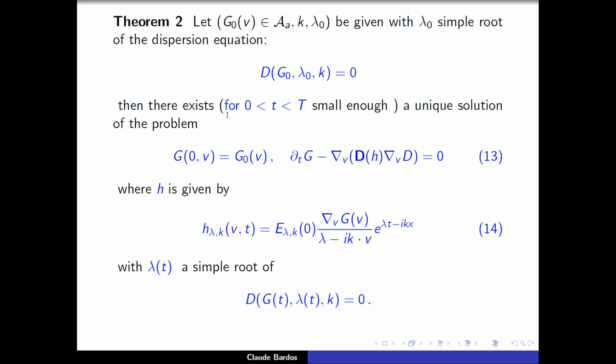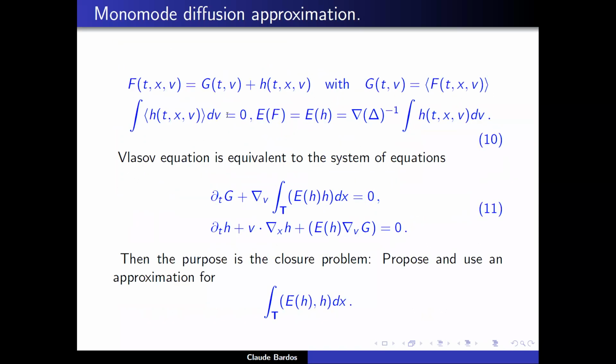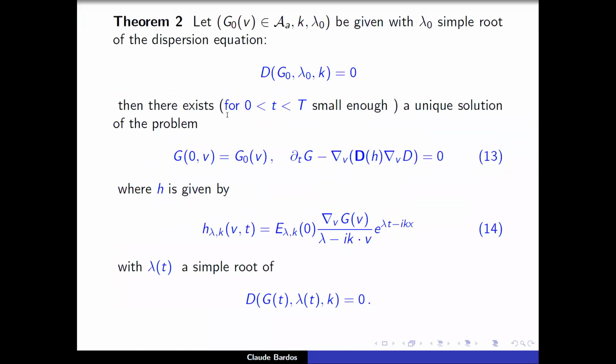Okay, so then moving on, what I will prove first is the theorem. If I go back to the theorem, it says that if I have a simple root equation, then I have an equation of this type where h of k is given by A gradient of v over lambda k plus lambda minus k, lambda k being a simple root.